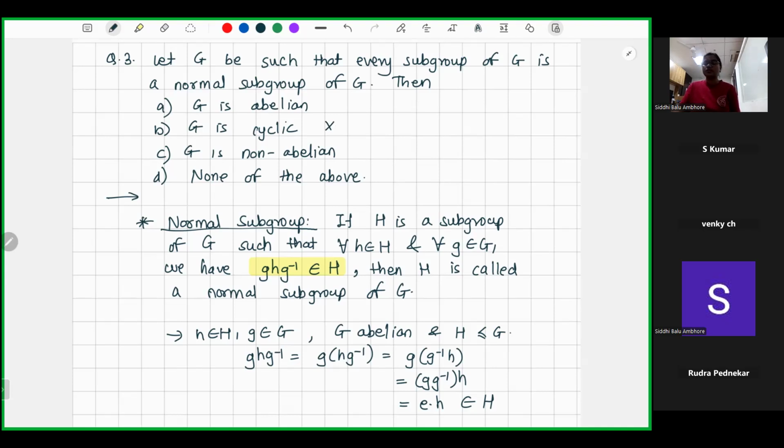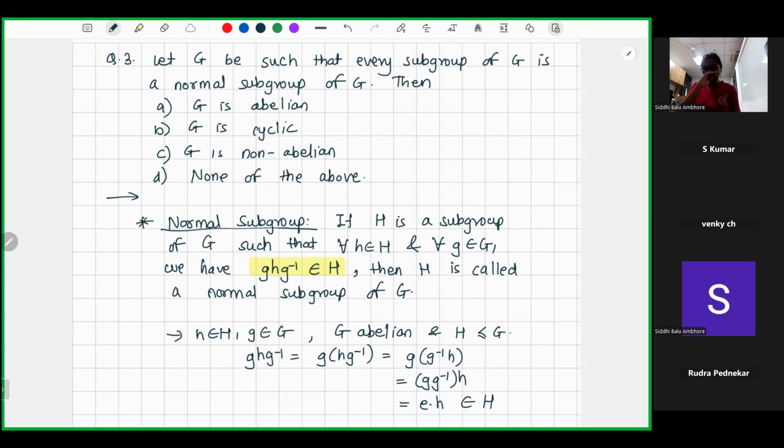So if it has to be cyclic, then it needs to be abelian as well. So one non-abelian example will be enough to discard both of these options. And to show that G is non-abelian, we can give any example, cyclic, abelian, doesn't matter.